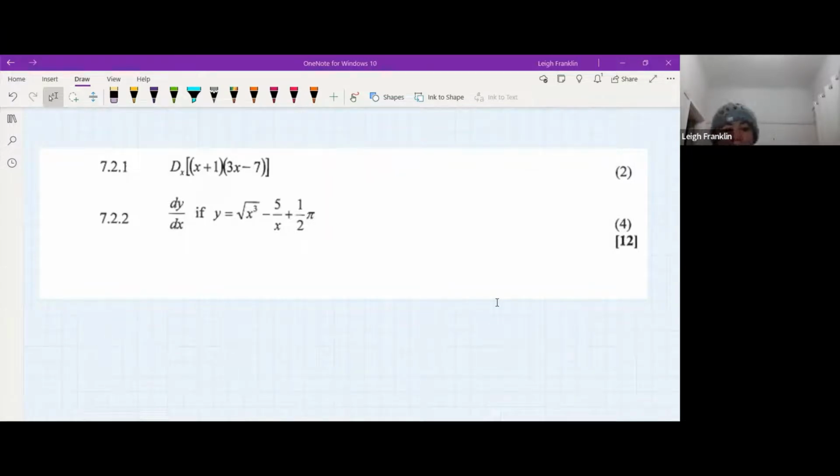It's going to become a constant, that's right. So when we derive it, it would become 0. That's it, exactly. All right, I don't think we need to do 7.2.2, do you guys? Can we move on? Unless you particularly want to.